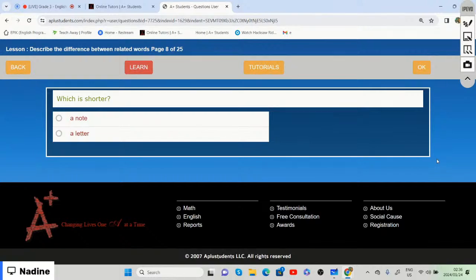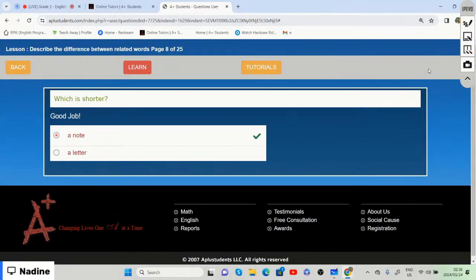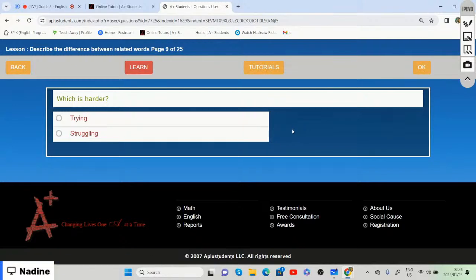So if we want something shorter, we can say a little note is shorter. And it's correct. A note is shorter than an actual letter that is being sent.